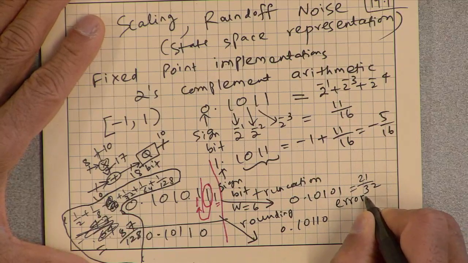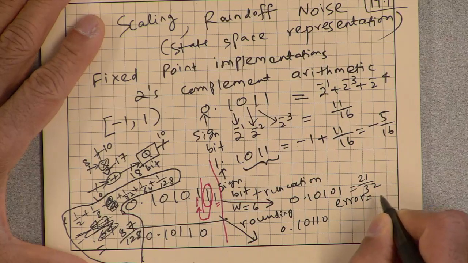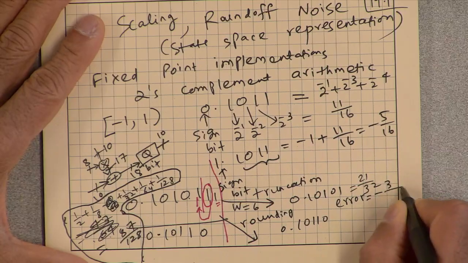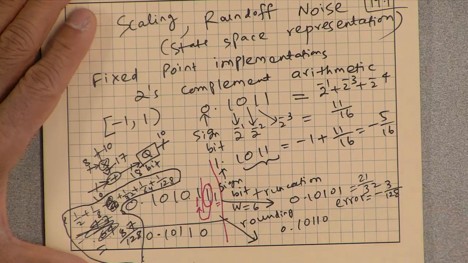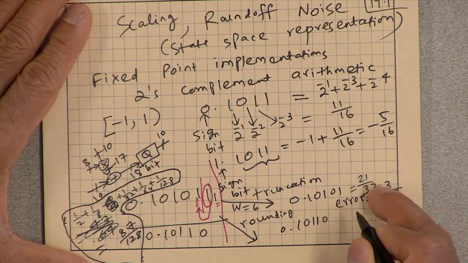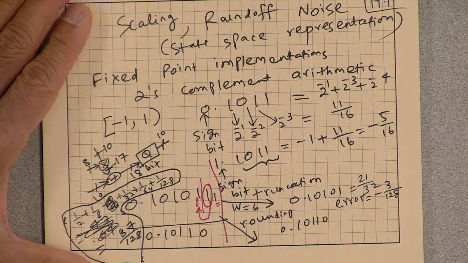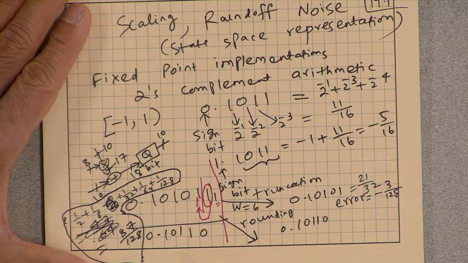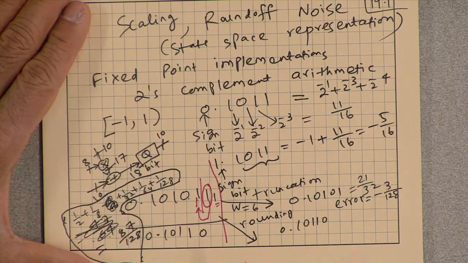So the error here is going to be minus 3 over 128: 84 by 128 minus 87 by 128, which is minus 3 by 128, the final value minus the initial value.